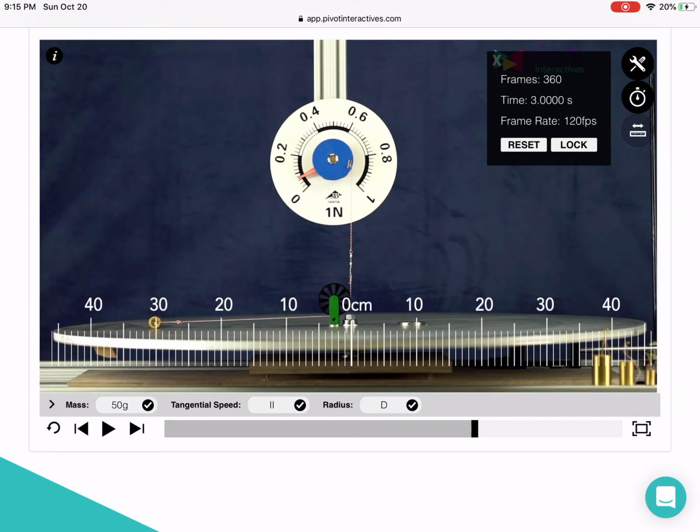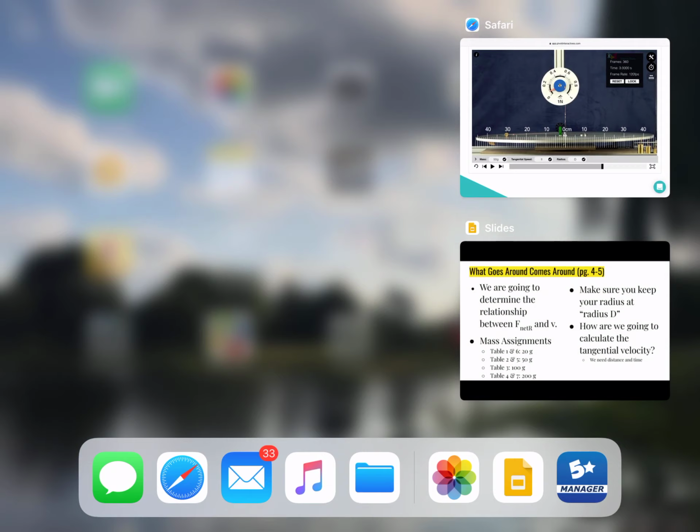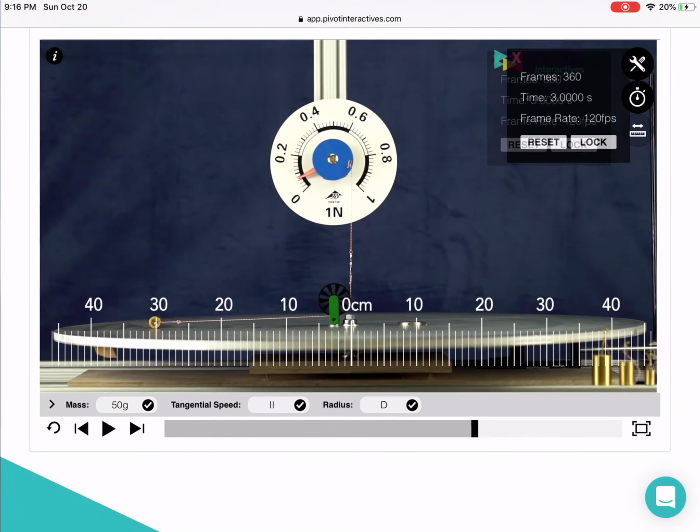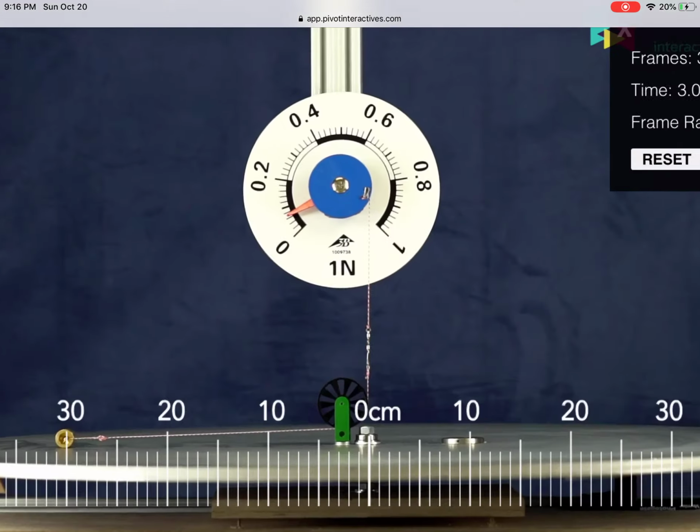Once you get all your data points in your group, you're going to put them into graphical analysis, and you are going to graph FNET-R on the y-axis and velocity on the x-axis.